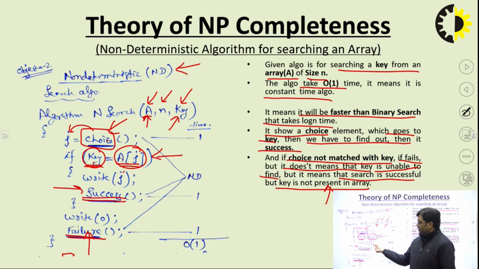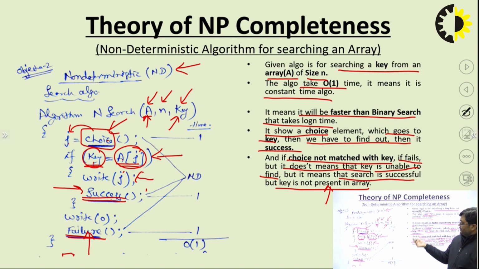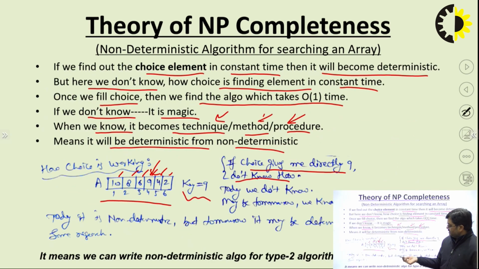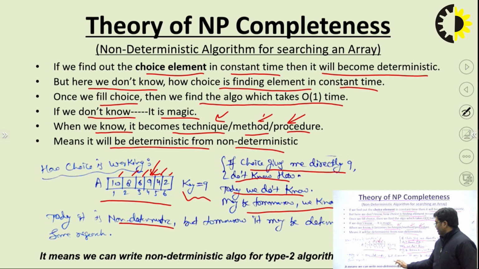Then we write j, and we find success for searching that particular element. Today we don't know how choice is working in this non-deterministic algorithm. Maybe tomorrow we will know the procedure for it. Today it is non-deterministic, but tomorrow it may be deterministic through some research.